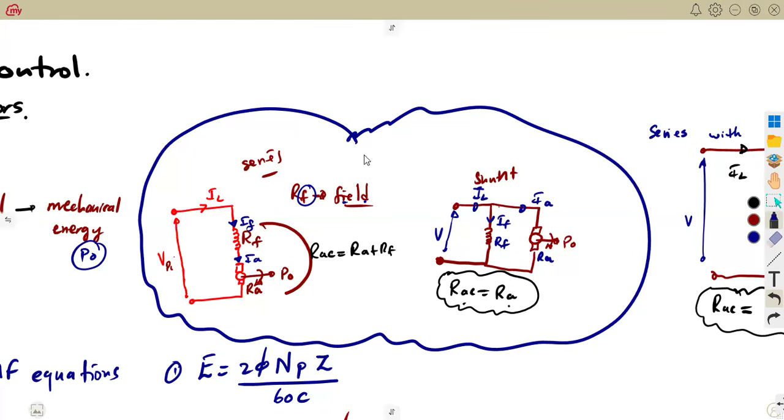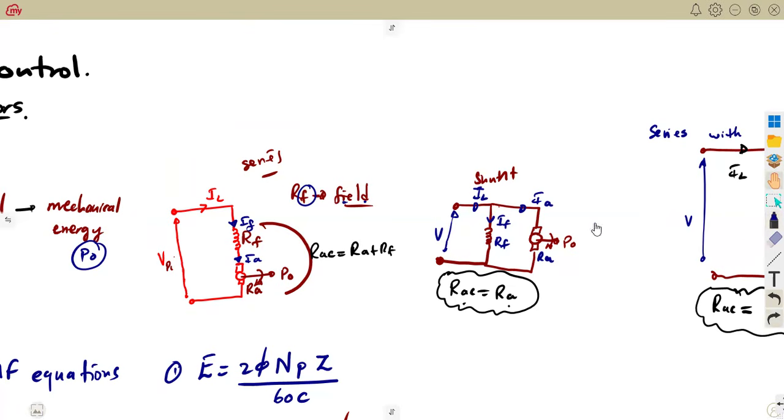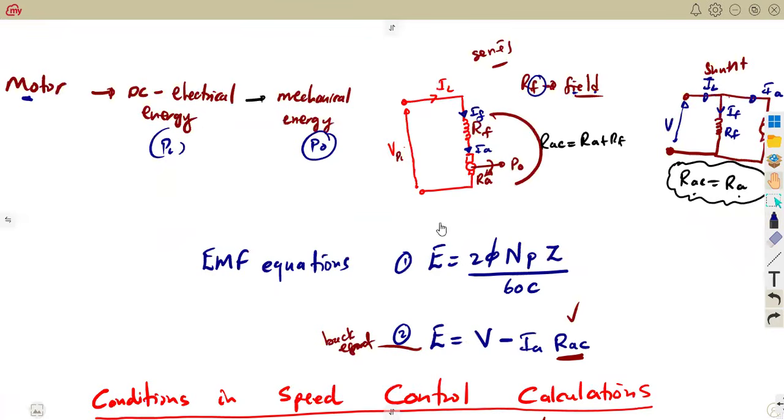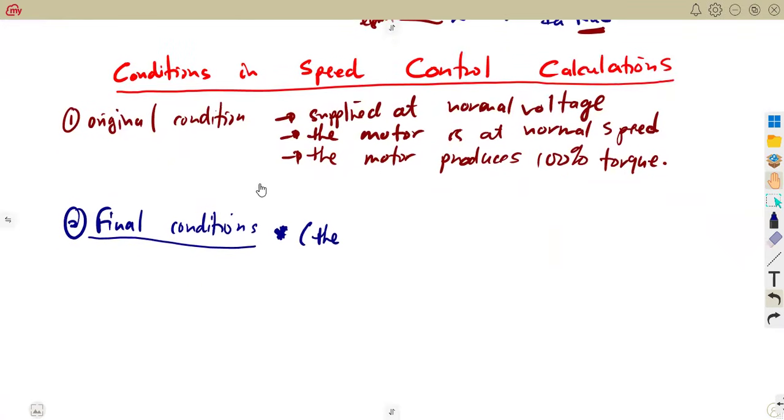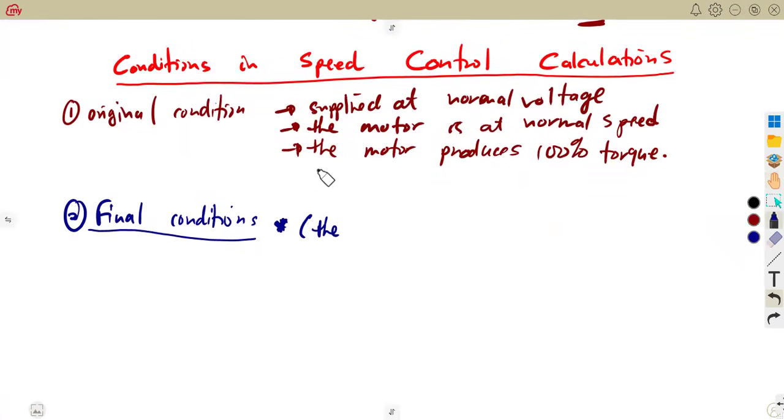Anything that will affect this basic that you are used to, which is your original condition, is the one that you now consider as your final condition. So this is the one that we are saying. This is when the resistor is connected. So in this case, we are going to find out what the resistor is connected to. We saw that from those diagrams.